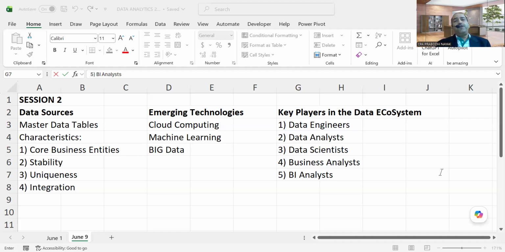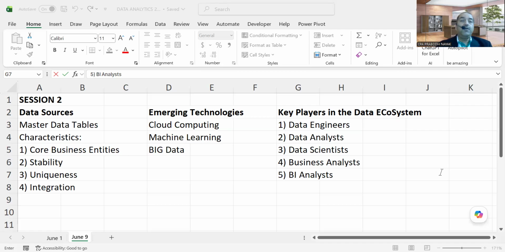So what type of skills should a data engineer possess? Programming language, knowledge of programming. Second, sound knowledge of all the systems and technology architectures, frameworks. Third, in-depth understanding of relational database and non-relational database. So this is what is expected if you are going in the role of a data engineer.